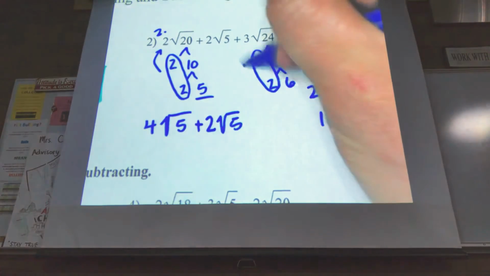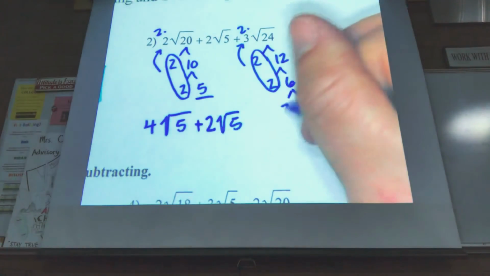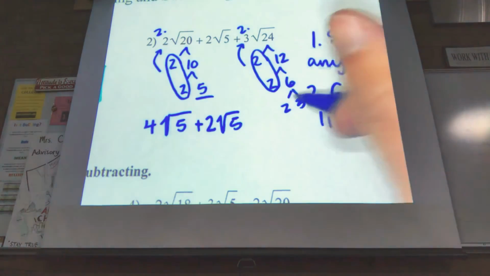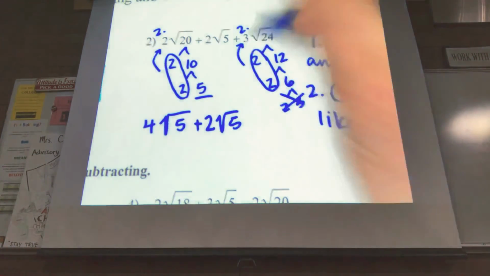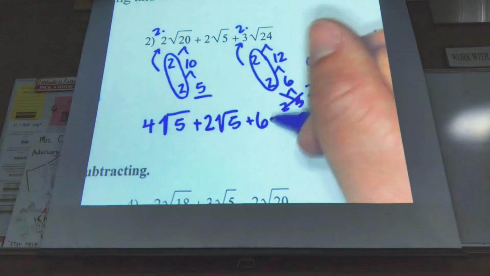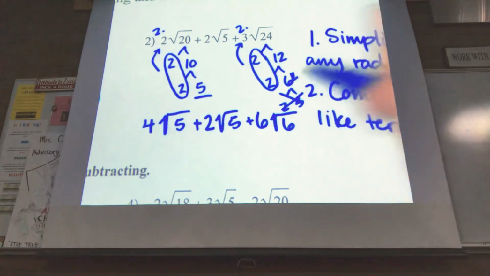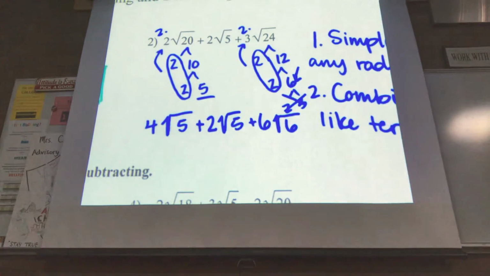Automatically a pair of 2's. Okay, multiplies. And we know from our last problem that 6 can only be divided by 2 and 3. Those cannot pair up, so that stays a 6. So now what we have is 2 times 2 is 4, plus 6 root 6 had to stay in.